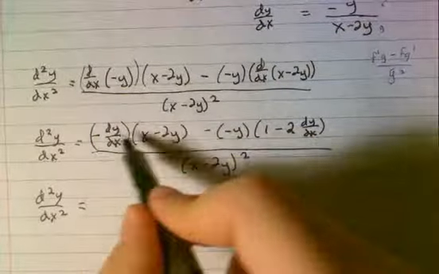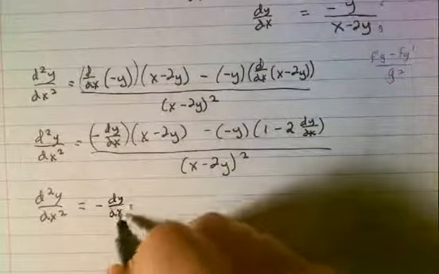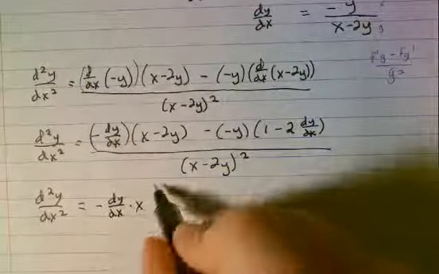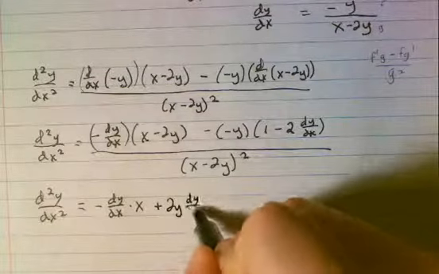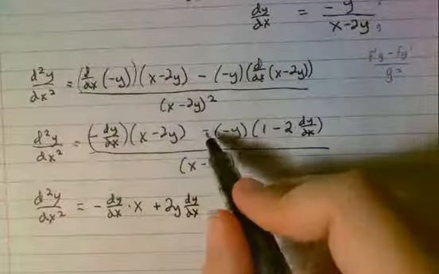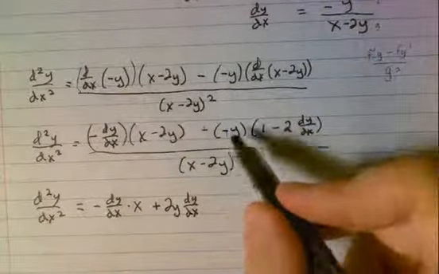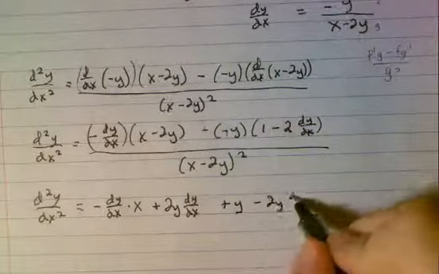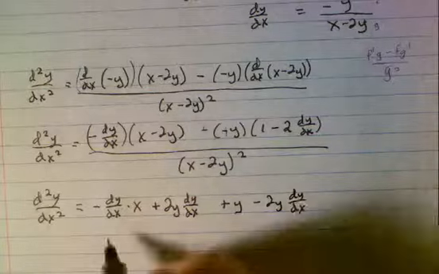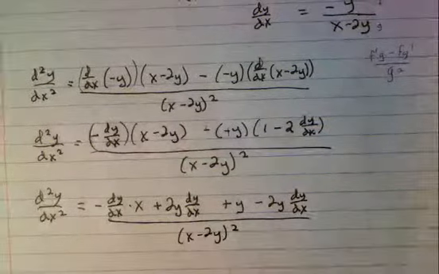So I'm just going to go ahead and distribute right here. So we've got negative dy/dx times x. Negative times negative is a positive, 2y dy/dx. Negative times a negative is a positive, so when that distributes, it's positive y minus 2y dy/dx, all over x minus 2y squared.